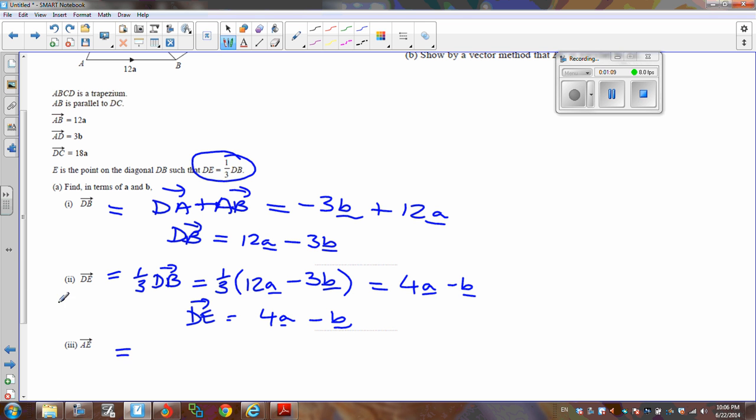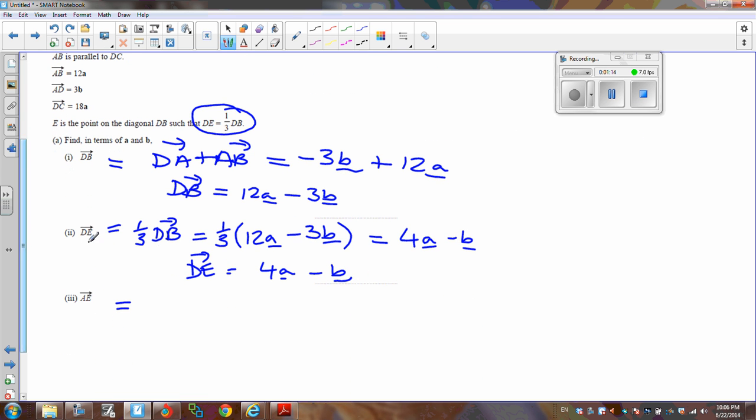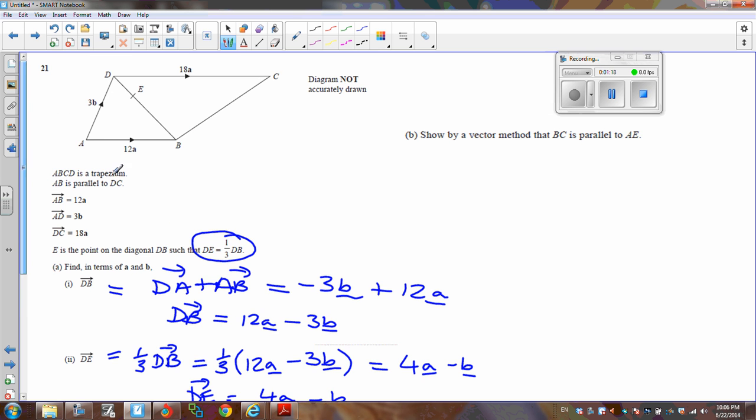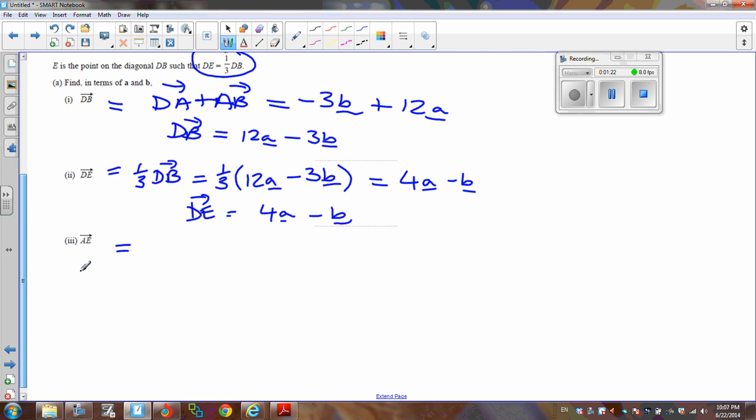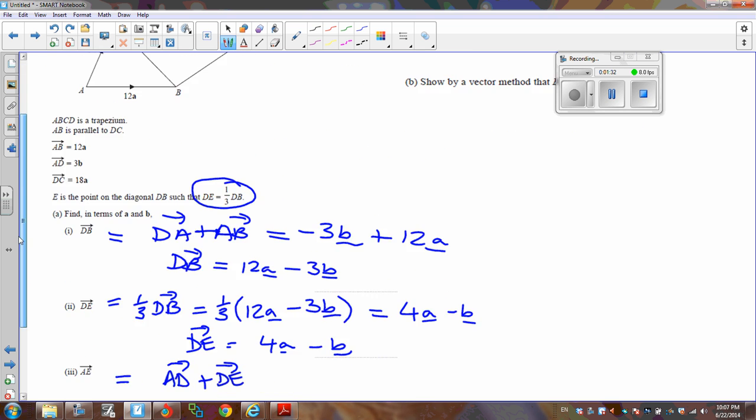Okay, we're now asked to find the vector AE, and I'm going to use what I've just found. I know that I've already got DE, so if I find AE, I'm going to go from A to D, and then from D to E. So I'm going to do AD plus DE. Now the vector AD, from the diagram, you can see AD is just 3b.